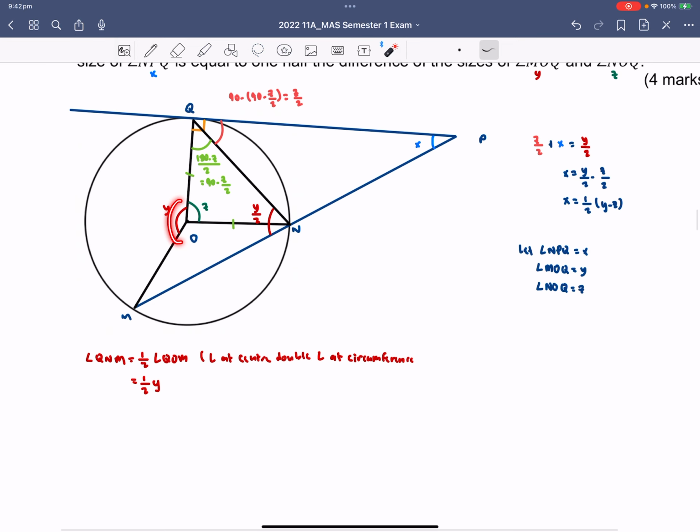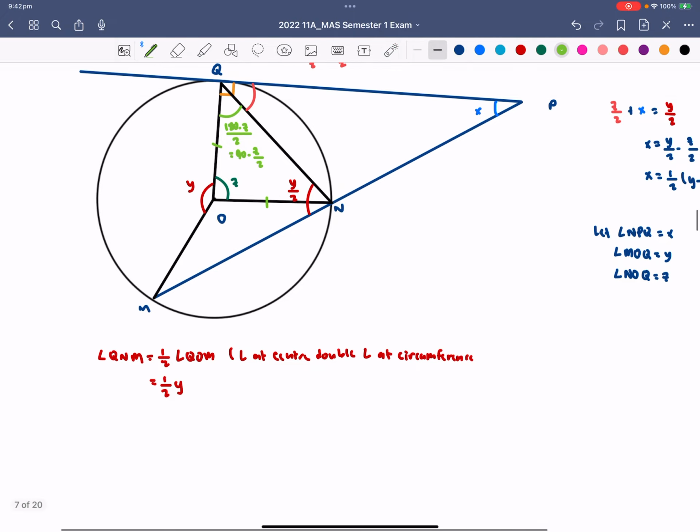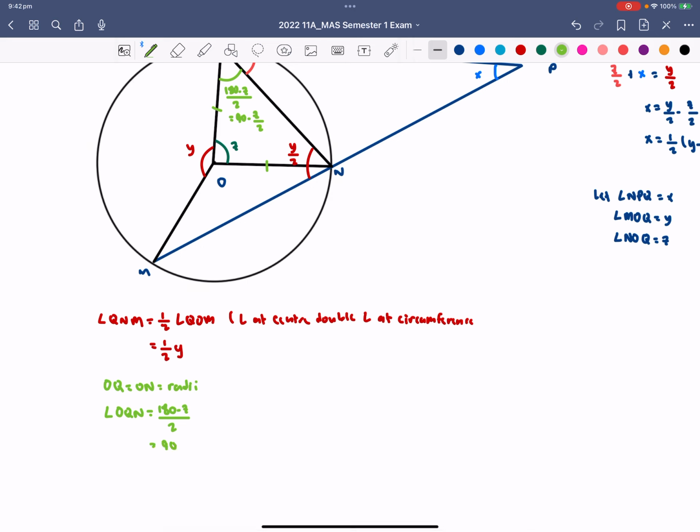Okay, so I've got this. What else did I do? I let this equal 180 take z on 2 because it was an isosceles triangle. So I'm going to write down OQ equals ON equals radii, and because of that, angle OQN was equal to 180 take z divided by 2, which we simplified to 90 take z on 2.